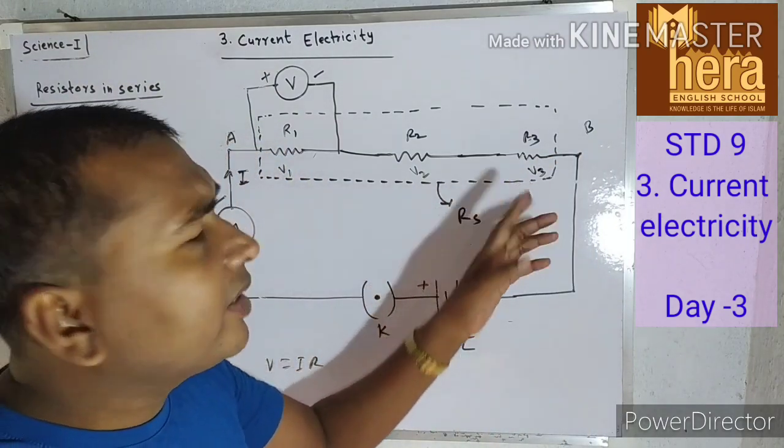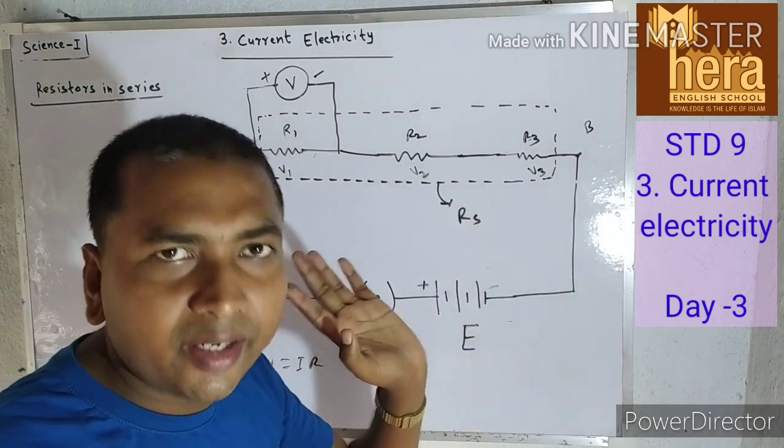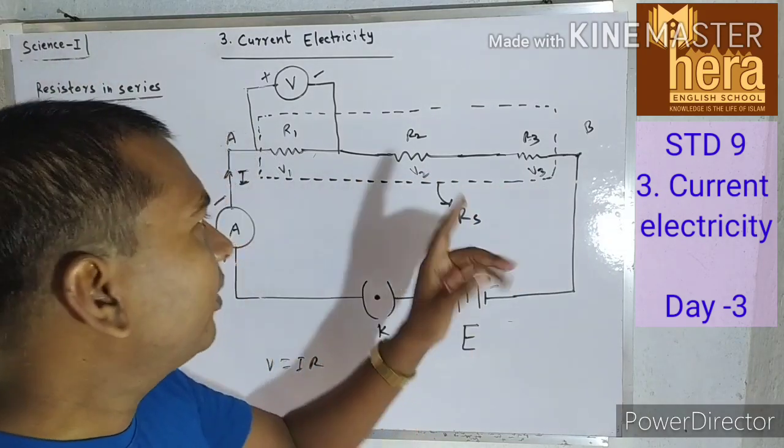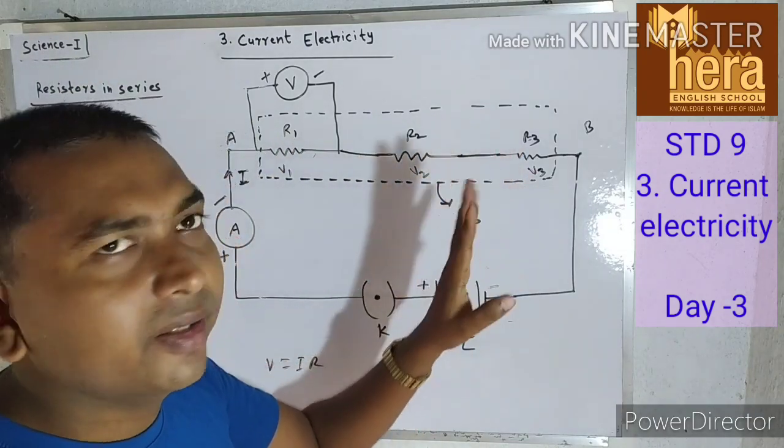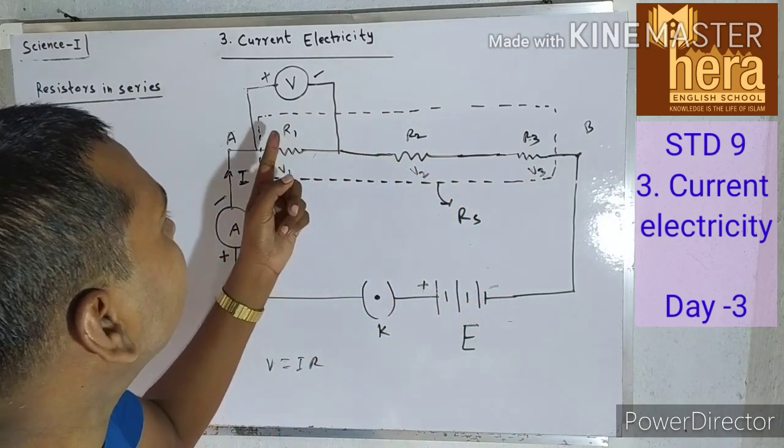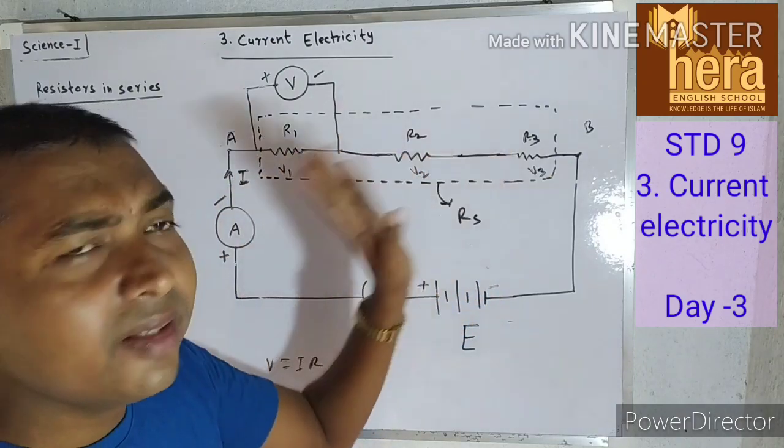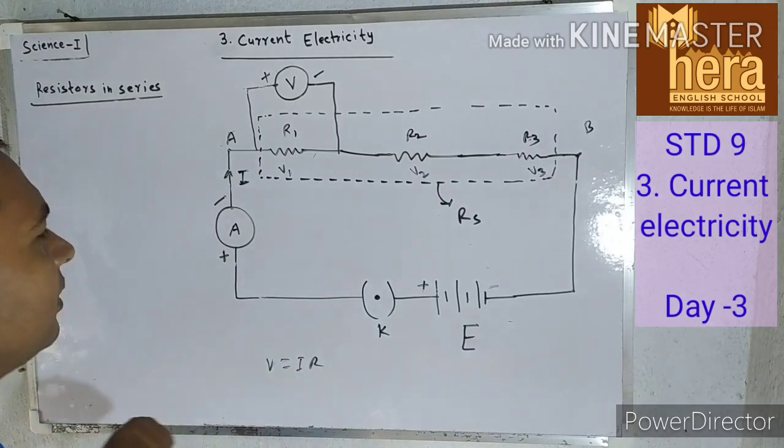V1, V2, V3 will all be different, because the values of resistance are different. This is R1, this is R2, this is R3. Okay.